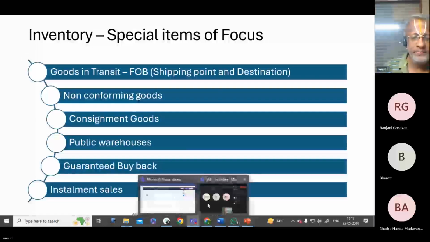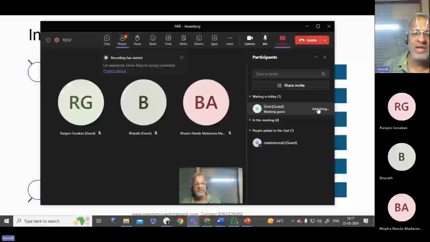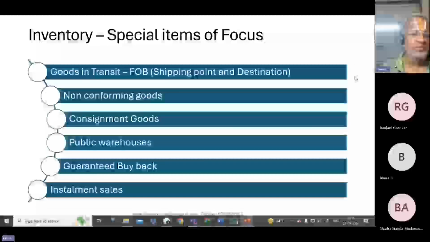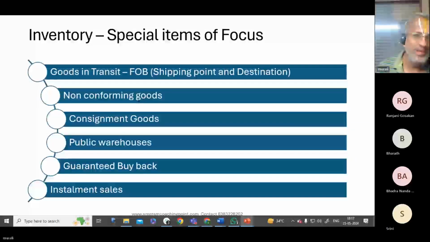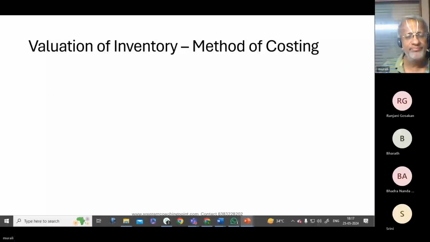So installment sale is also, I would say, a financing arrangement only. Until ownership and delivery is given completely, it cannot be considered as a sale at all, right? So as how guaranteed buyback we have just taken up, same way.